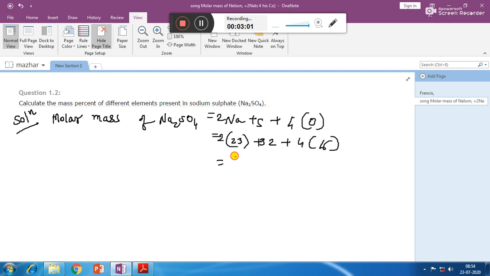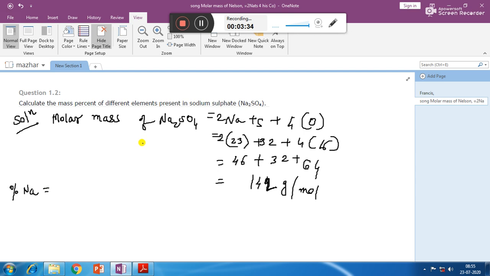So that is equal to 23 2s are 46 plus 32 plus 16 4s are 64 equal to 144 gram per mole. So that is not 144, 142 gram per mole. Now we have to find out percentage of different elements.